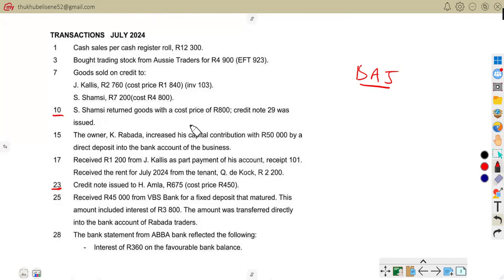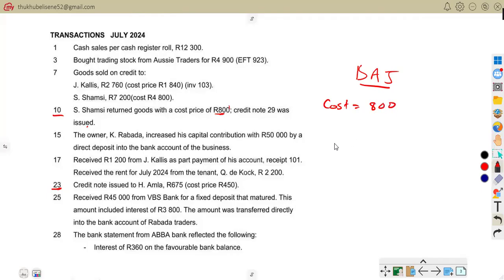Shami returned goods with a cost price of 800, and a credit note was issued. The cost price is 800.